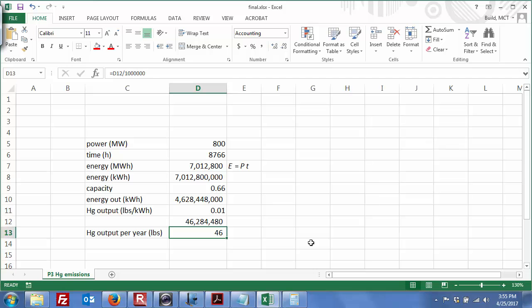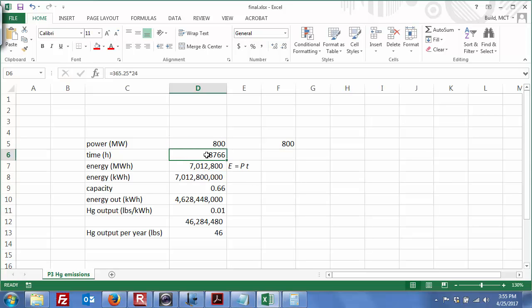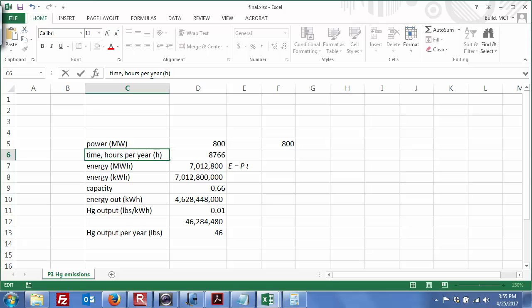I see it. You could also do it this way. So go back to time again: it's 365 times what again? 24. That's hours per year. I took the time and reduced it down to the 66% and then multiplied that by the kilowatt hours. Right. And then 0.1 divided by 1,000.